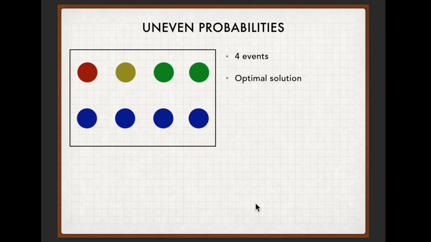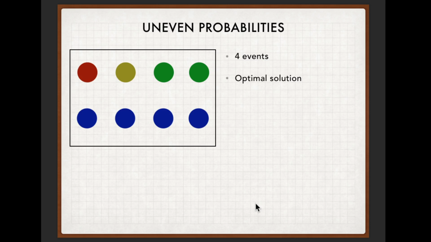Instead of having an equal number of four colored marbles or discs, now we have half of the discs with the color green, and of the remaining part half of them blue, and of the remaining part half of them green. The red and the golden discs are the minority.